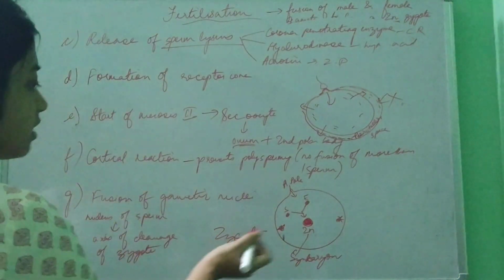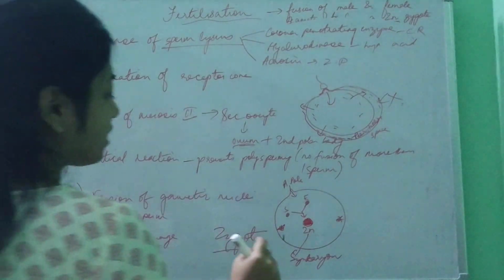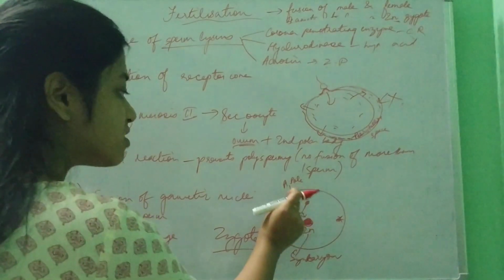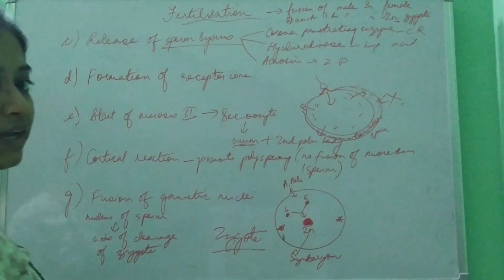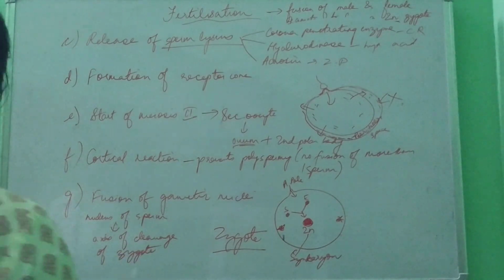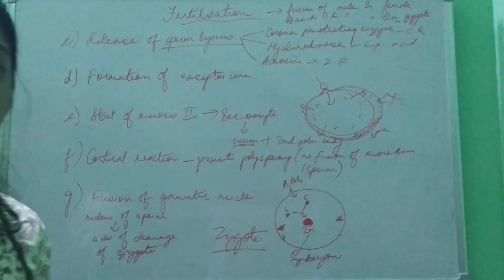The starting of that division will be given by the nucleus of the sperm. Through the path by which it enters, from there this zygote will divide. That will decide the axis of cleavage of the zygote. Now these are the various steps of fertilization.